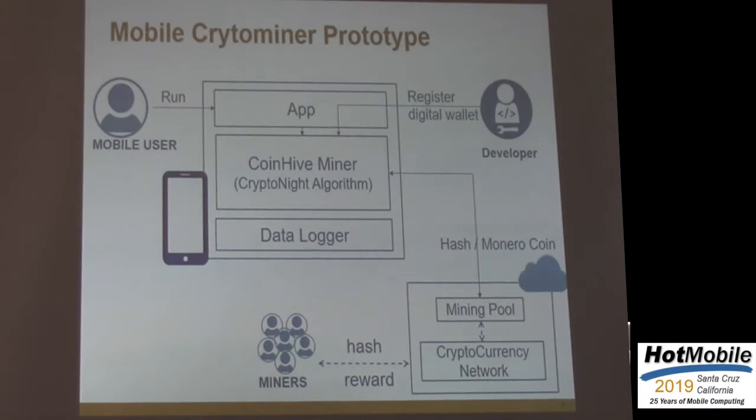And the proper rewards are given to the miners. Here we get the reward in terms of the Monero coin, and this is how our system works overall. One thing to note is that we consider this system from the perspective of a single application. We didn't consider multiple applications running at the same time and how to distribute the rewards to different applications.